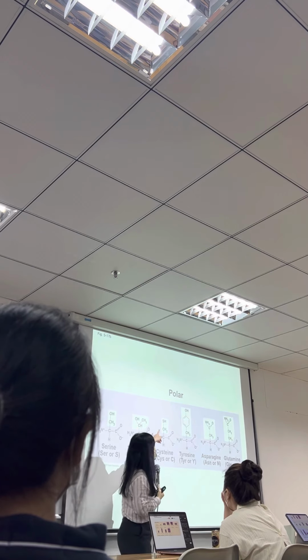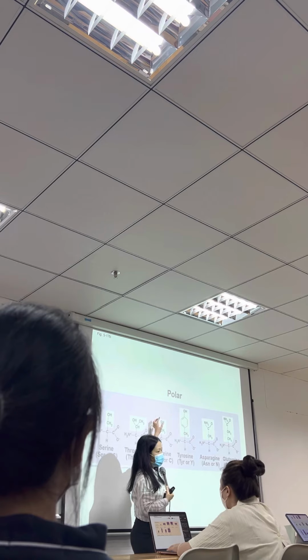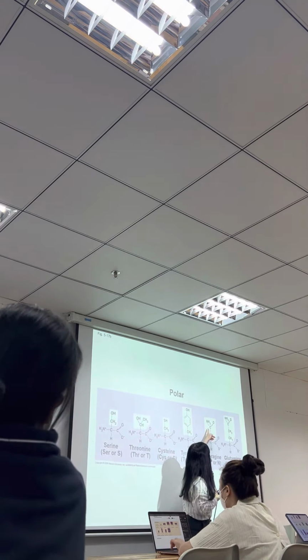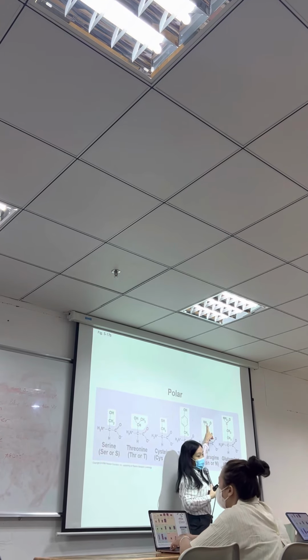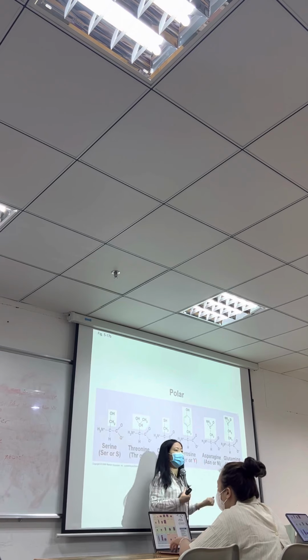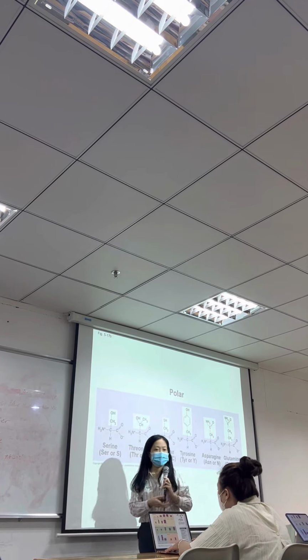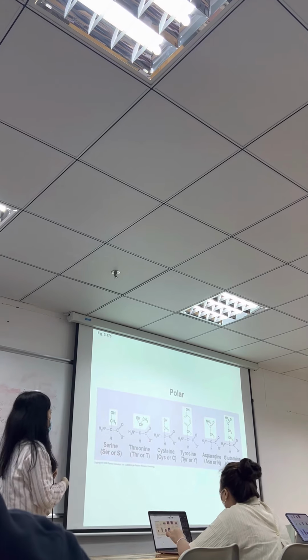SH is also polar because sulfur has a strong electronegativity. And NH2 is also polar because nitrogen has stronger electronegativity than hydrogen. So that's why we call this group polar amino acids.